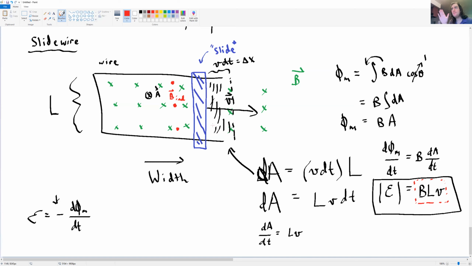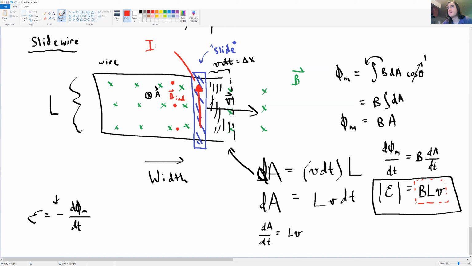If I'm using my right hand, I can get my fingertips to point in the direction of B induced like this, out of the screen, and my thumb points up. So the induced current is in this direction here.